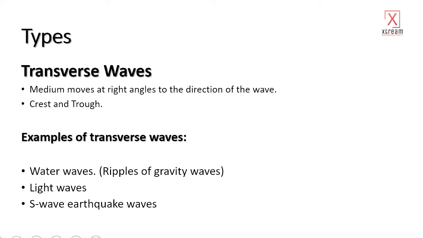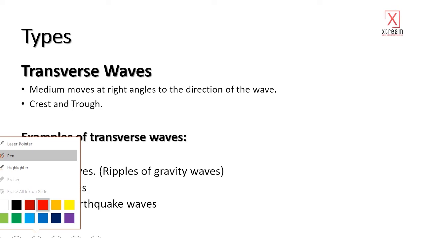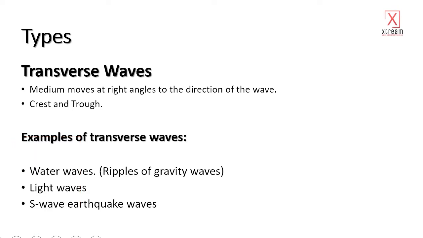Instead, the object will move up and down on the wave as the wave passes through that particular point. Similarly, the light wave also propagates in the same manner, and also the S wave, which is the secondary wave of an earthquake.